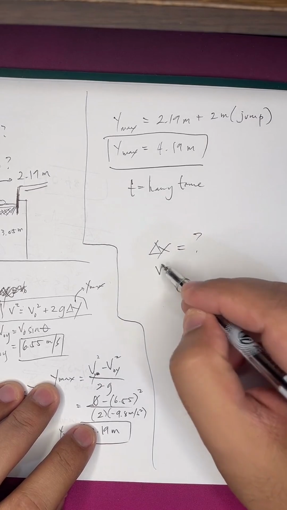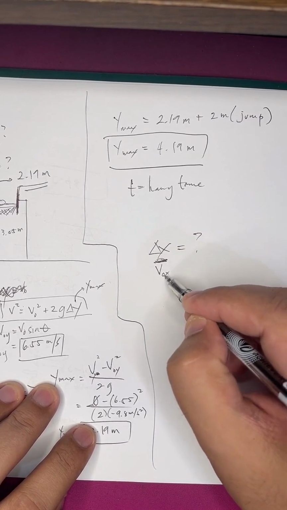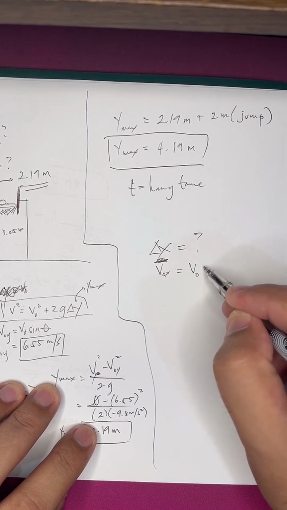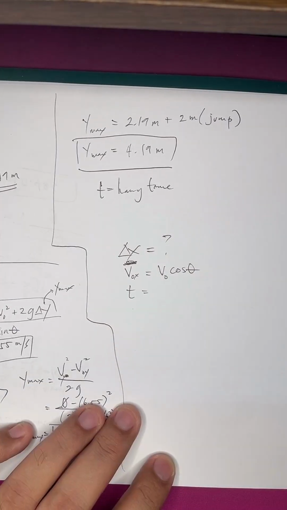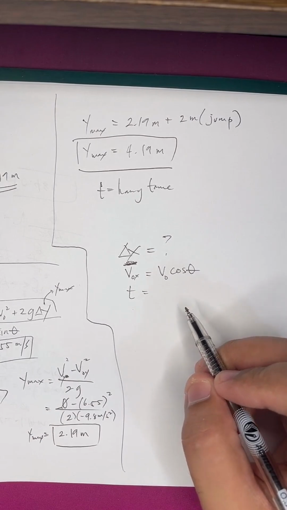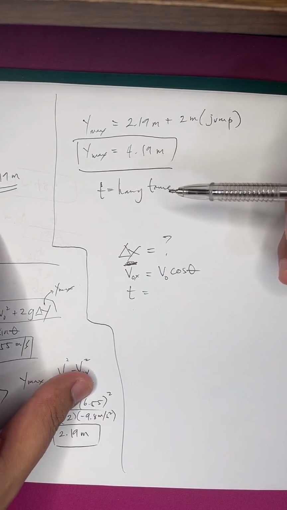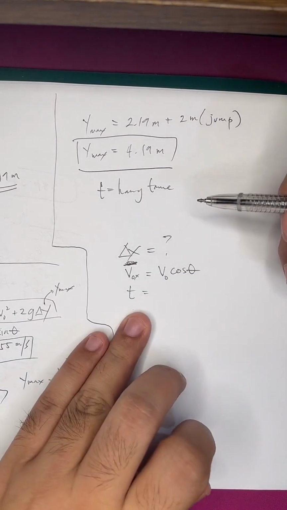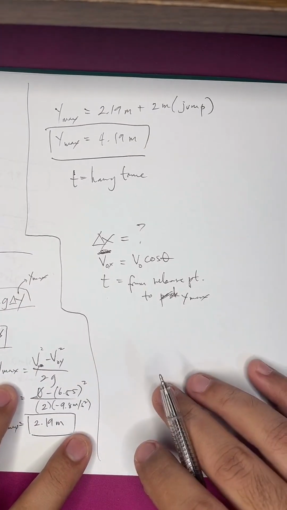We now have v naught x, which will be given by v naught x equals v naught cosine theta, and then we might need to figure out what is the time from the release point going to the peak height, because the release point and the height of the goal is not the same height. So we must find out first the time from the release point to the peak height.